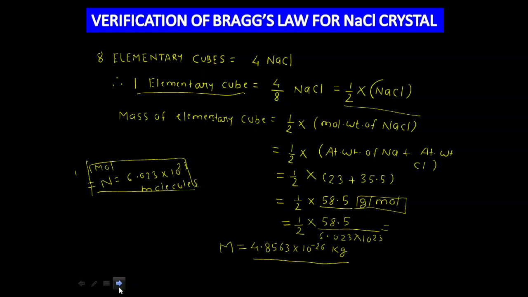Okay, next we'll calculate the density for that elementary cube, and we know that the density of the elementary cube is nothing but mass per unit volume. So density is equal to the mass of the elementary cube per unit volume, and we have calculated the mass.